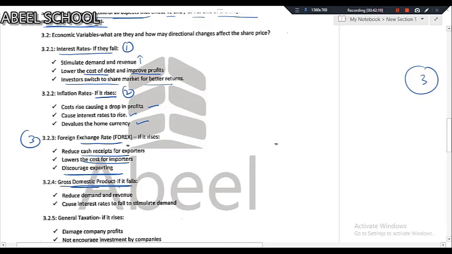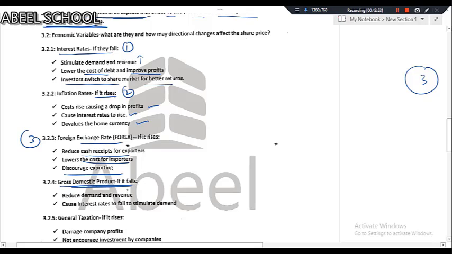Gross domestic product. Actually, gross domestic product means the final monetary value of all the finished goods manufactured in XYZ country and the final monetary value of all the services rendered in one year.